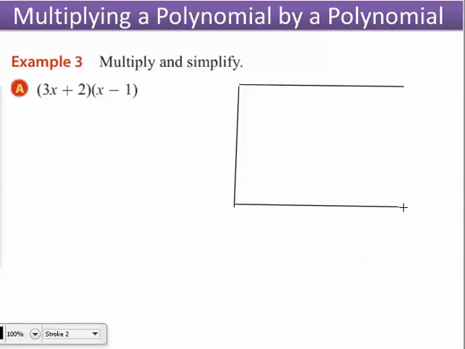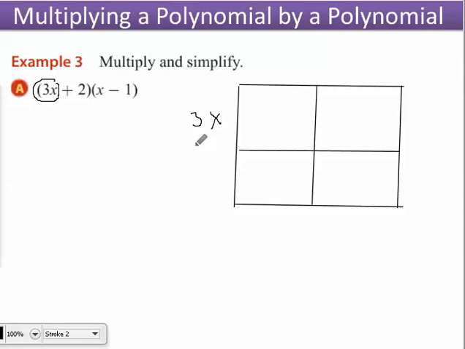So what I'm doing is drawing a little square over here. And once I draw the square, since I've got binomials, I'm going to divide the square into two equal sections. I'm then going to write this 3x right here.